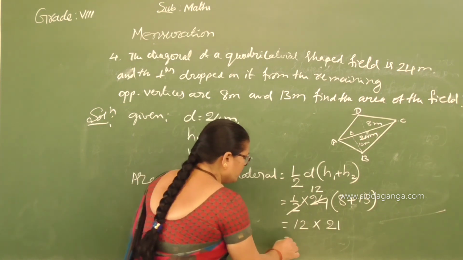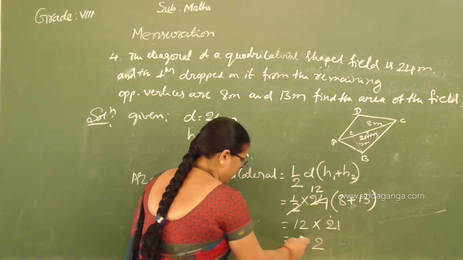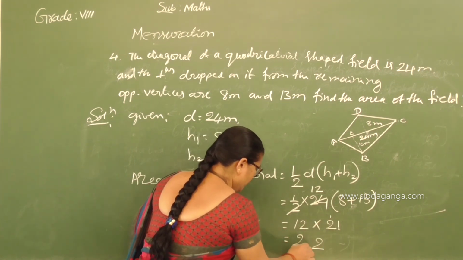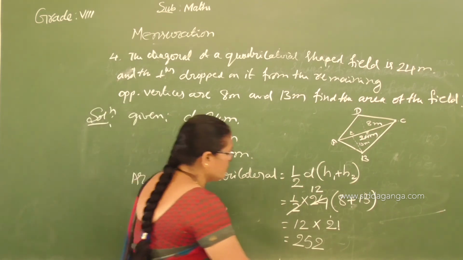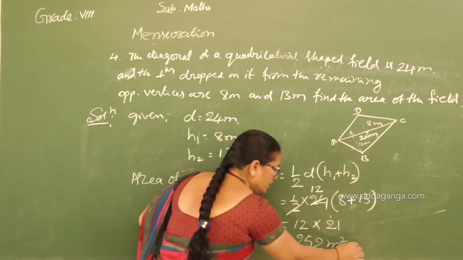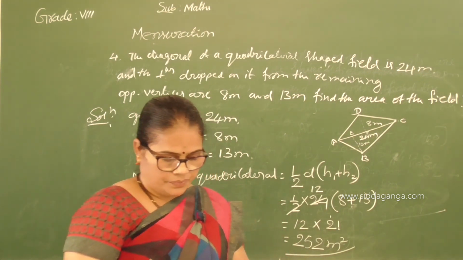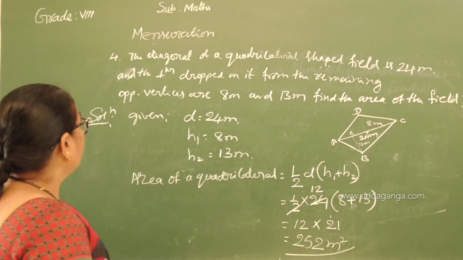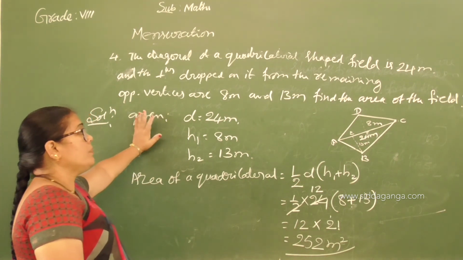That will be equal to 12 1s are 12, 1 carry 2, 12 2s are 24, 24 plus 1, 25, 252 meter square. Here units are in meter, so that area will be in meter square. In this way you have to calculate the area of the quadrilateral shaped field.